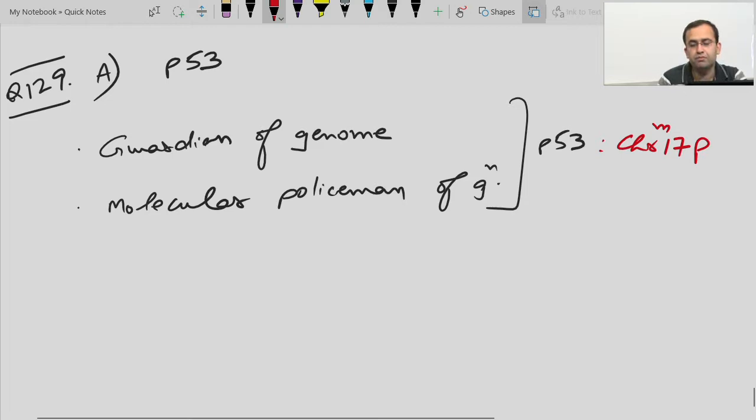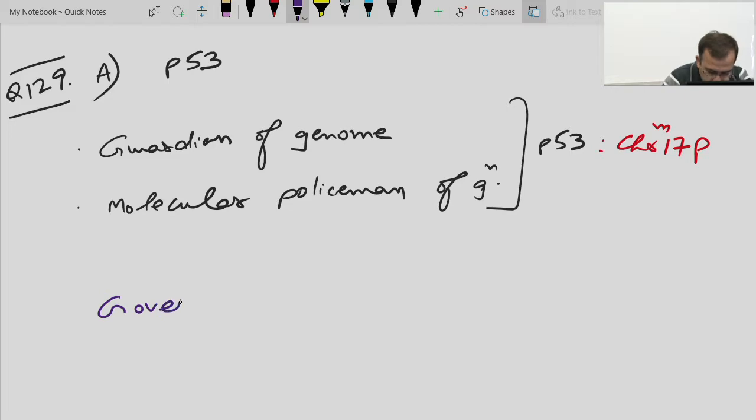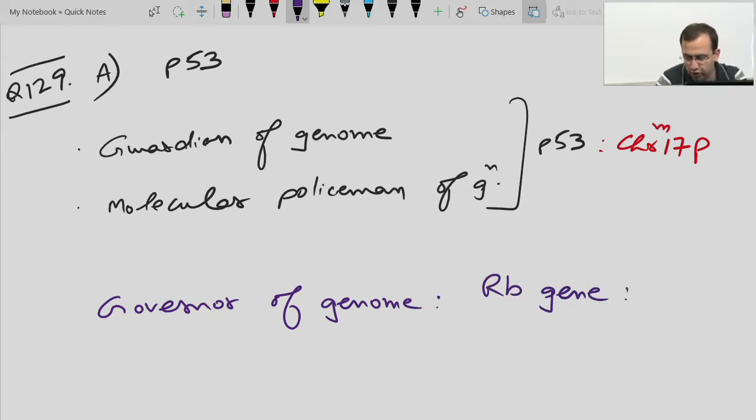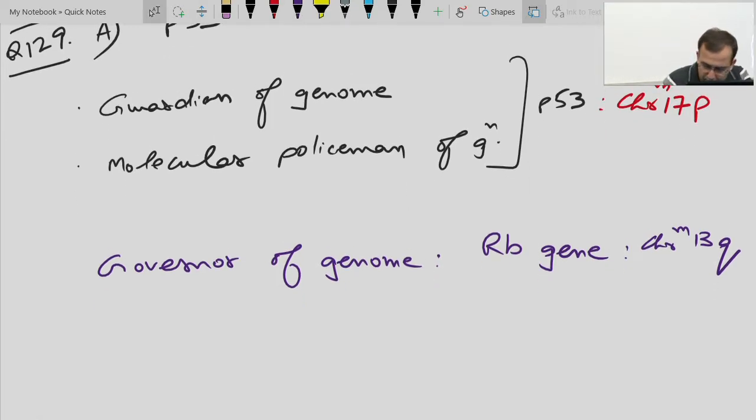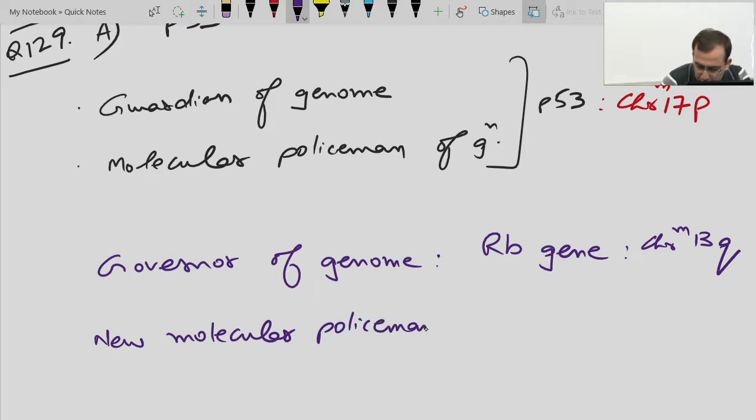Short arm, chromosome 17p, versus governor of the genome, which is the RB gene, retinoblastoma gene, present on chromosome 13, 13q, that is chromosome 13 long arm. Next point, an additional question that can also be asked is new molecular policeman of the genome.